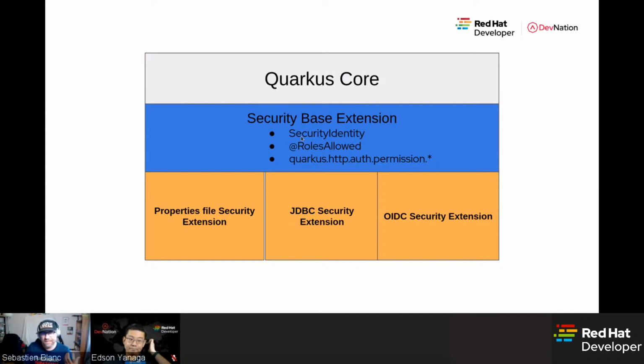Whenever you implement security, you will be able to inject a security identity object in your classes, in your JAX-RS service endpoints. But it also uses a famous annotation. If you come from the Java EE world, you probably recognize this annotation, RolesAllowed, that you can put on top of your methods or on top of your classes.